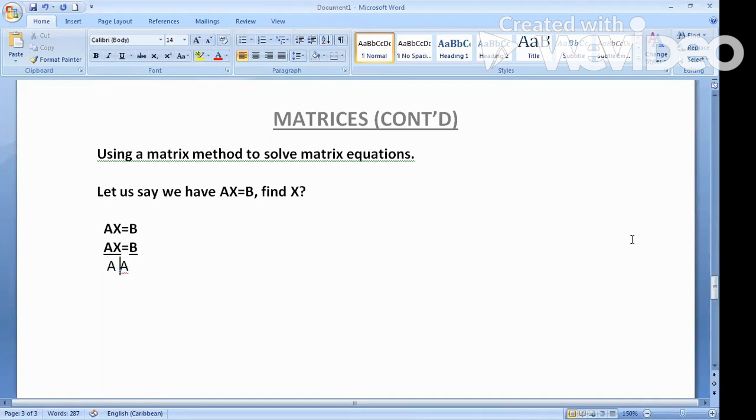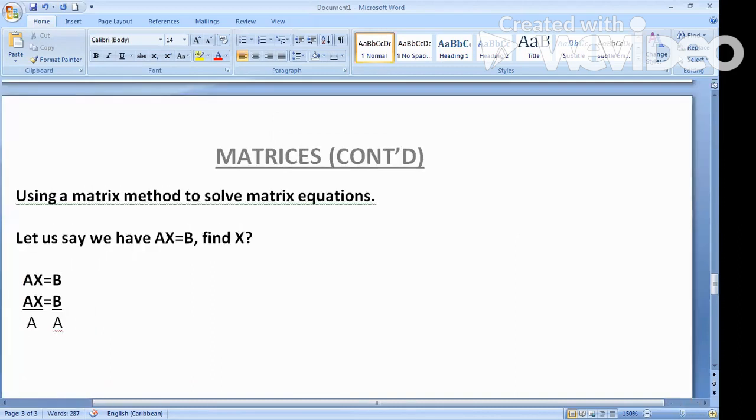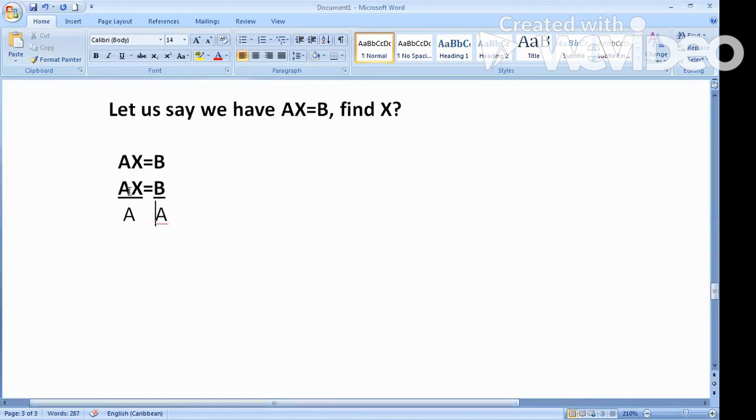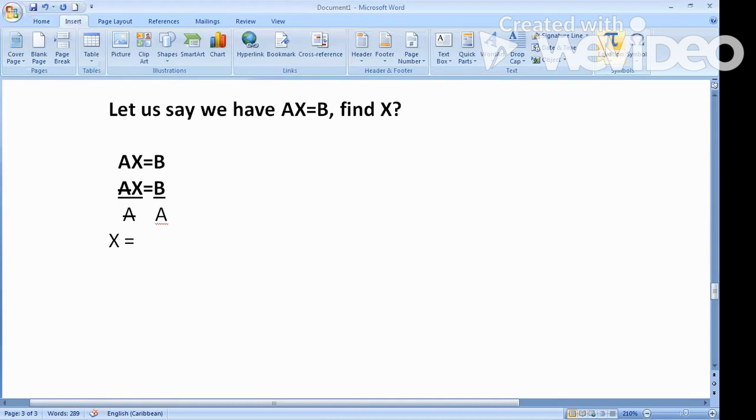Because the A on the left will cancel out. So therefore, X is equal to B over A.